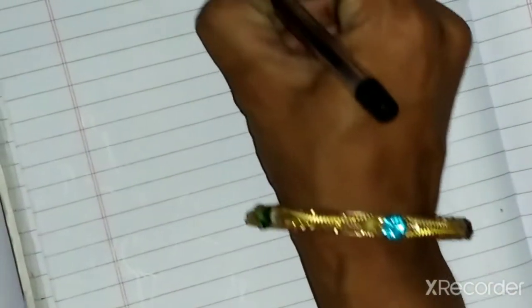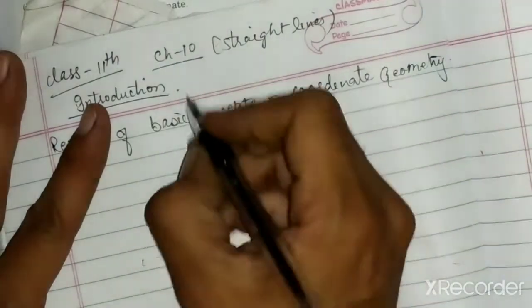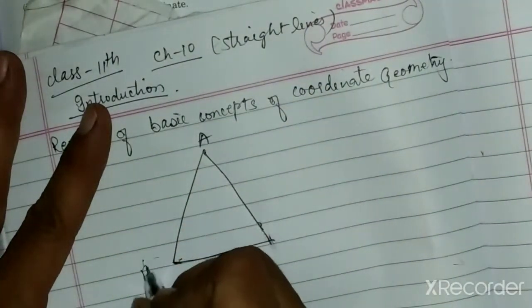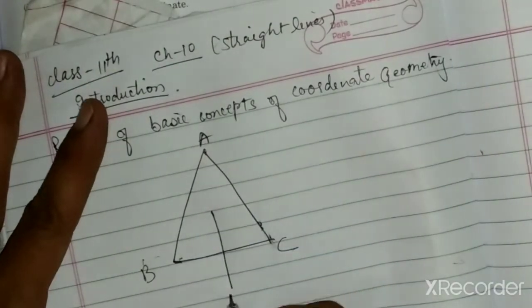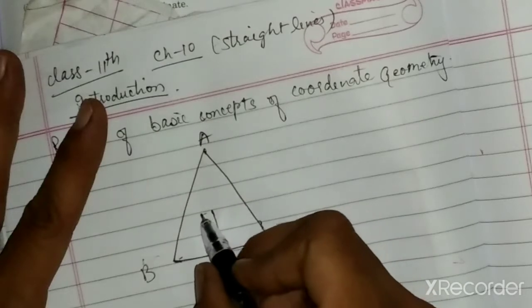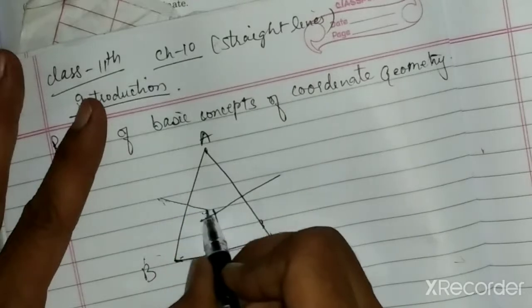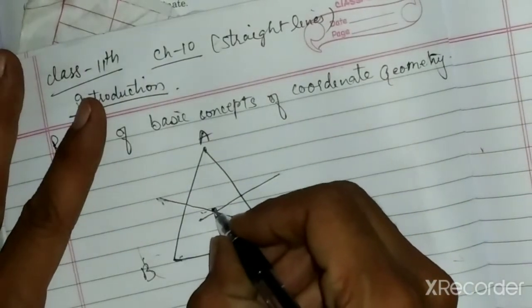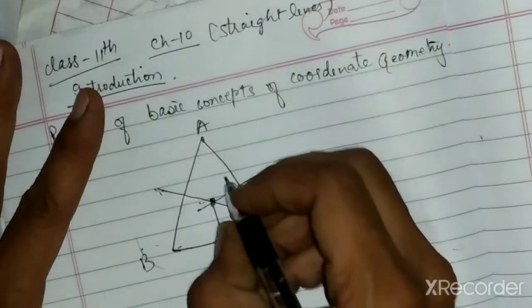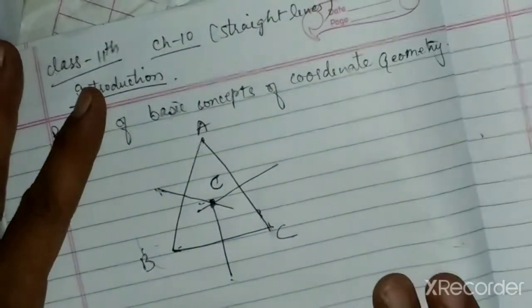If we are given this triangle ABC, then its circumcenter will be what? We draw the perpendicular bisector of BC, similarly the perpendicular bisector of AC, and the perpendicular bisector of side AB. All the perpendicular bisectors intersect at a common point, and this is called the circumcenter of the triangle.